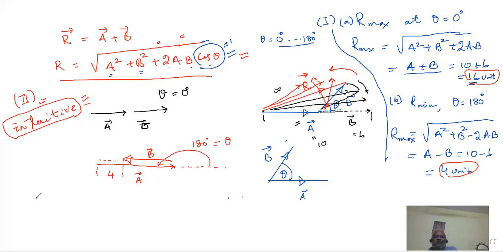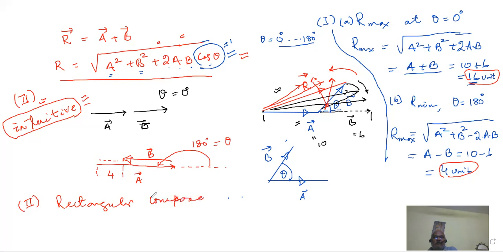So at present, we have gone through the first analytical method, that is cosine rule or parallelogram rule. In my next video, we'll be going to the second analytical method, that is rectangular component method.